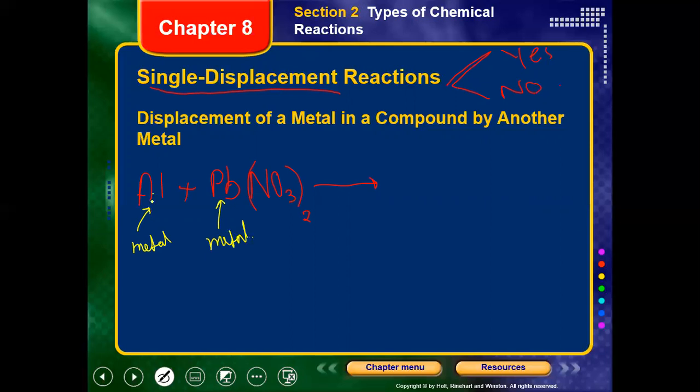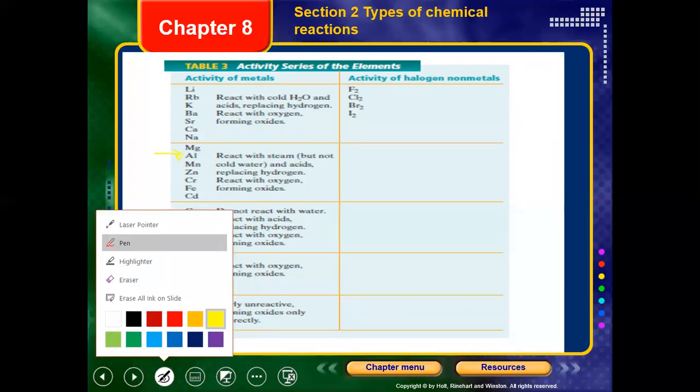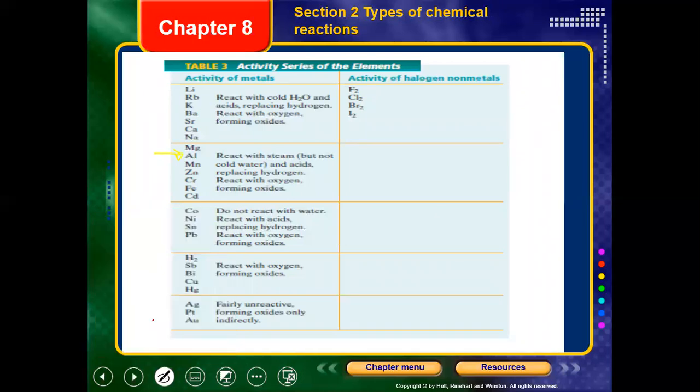Either the aluminium will win or it will not. How can I know? Look at the reactivity series here. Where is aluminium? It's here. And where is the lead? I'll use another color. The lead is here.